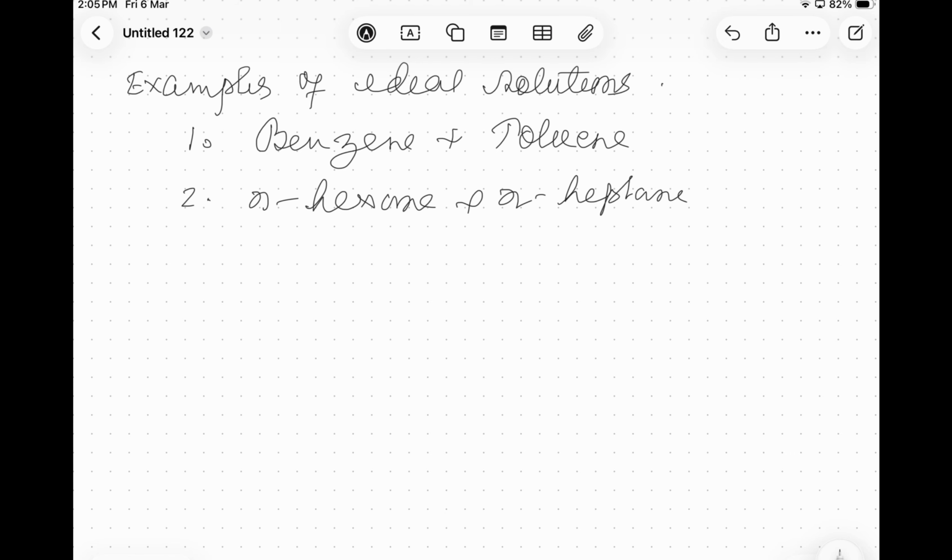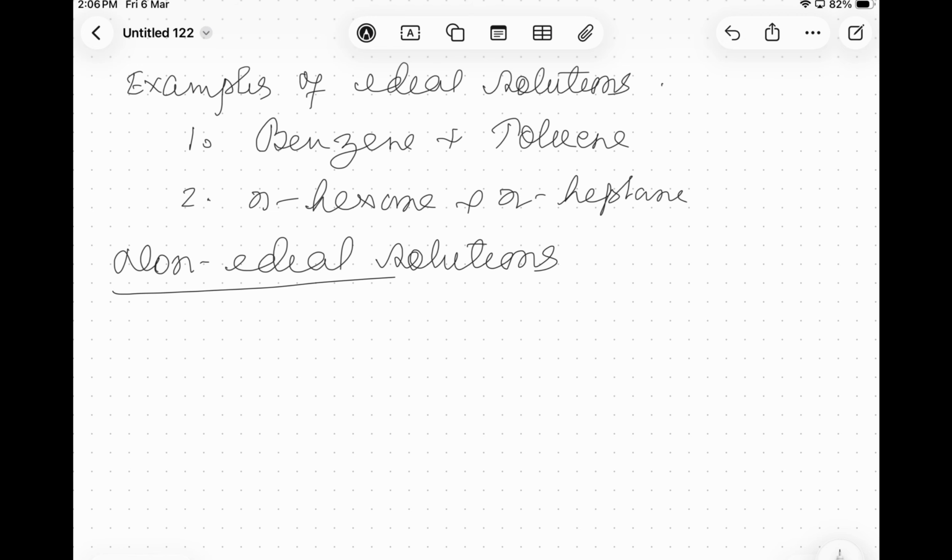Now, let us consider non-ideal solution. Many solutions do not follow Raoult's law.